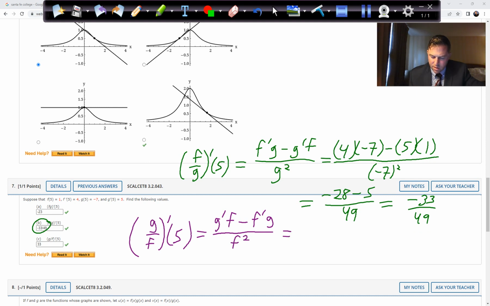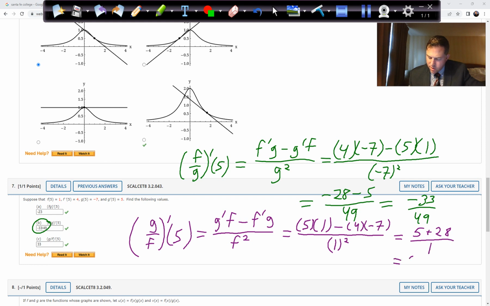And these numbers are now g prime, which is 5, times the original f, which is 1, minus f prime, which is 4, times the original g, which is negative 7, divided by the original f, which is 1, and we're squaring it. So this would be 5 plus double negative 28 all over 1, which is just 33 over 1, which is 33. Okay, so that's how we're going to get those for problem 7.